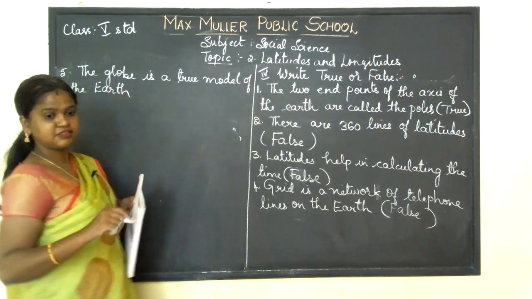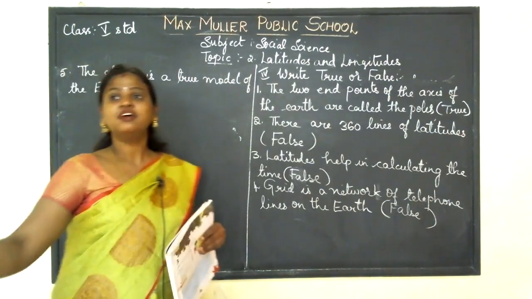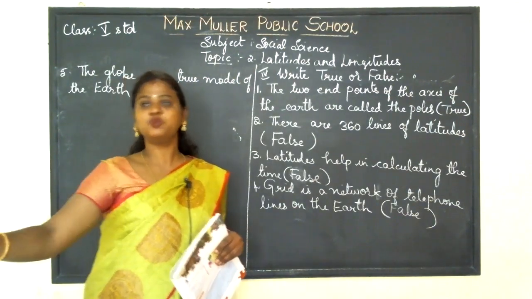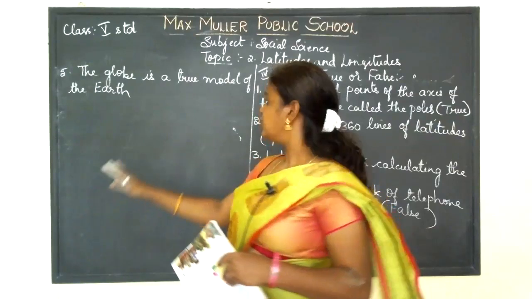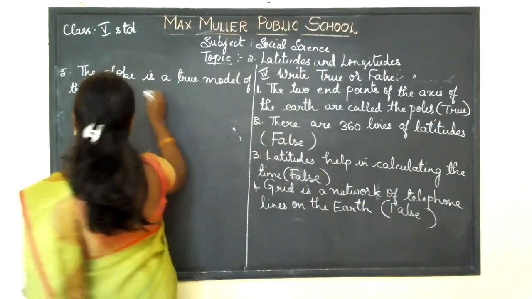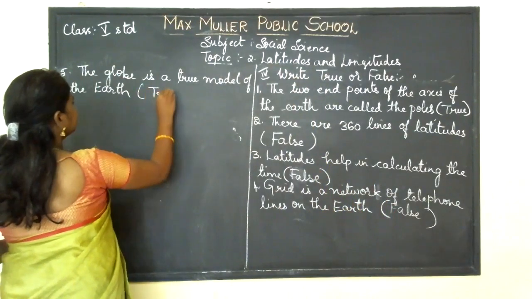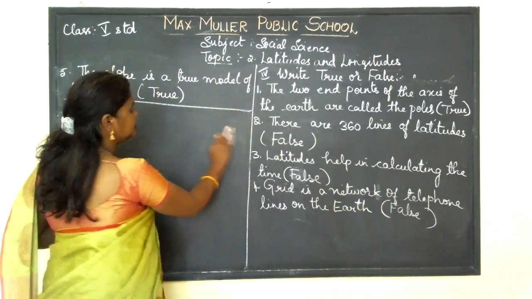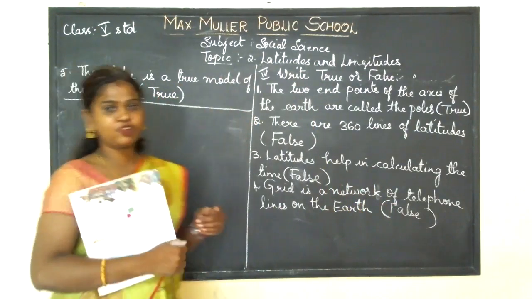You can guess that it is the earth. Yes, it is a true model of the earth. So it is a correct statement. When there is a correct statement, it is called true. So these are the objective types which I have given for you.